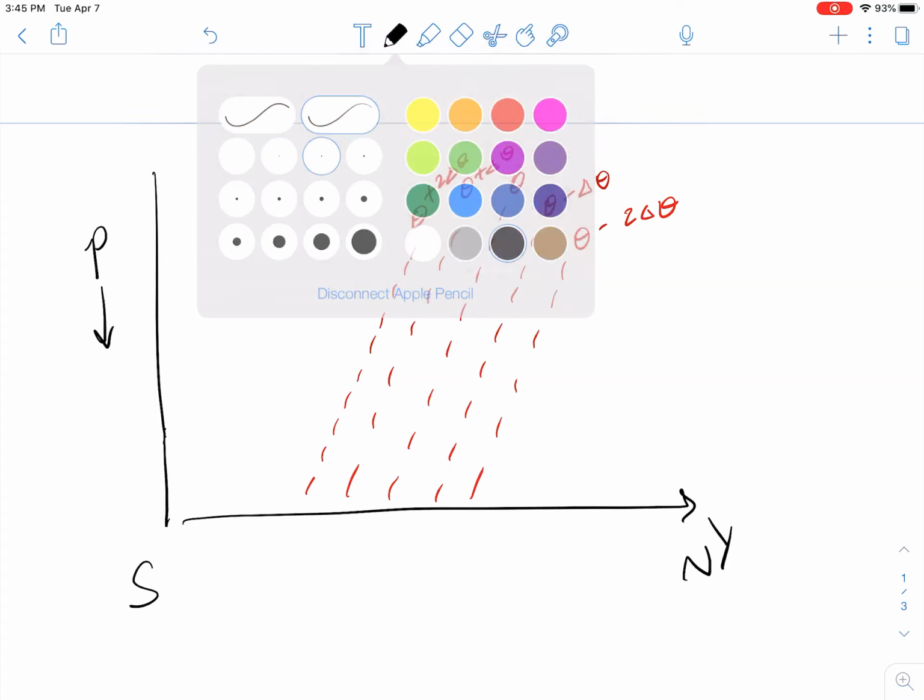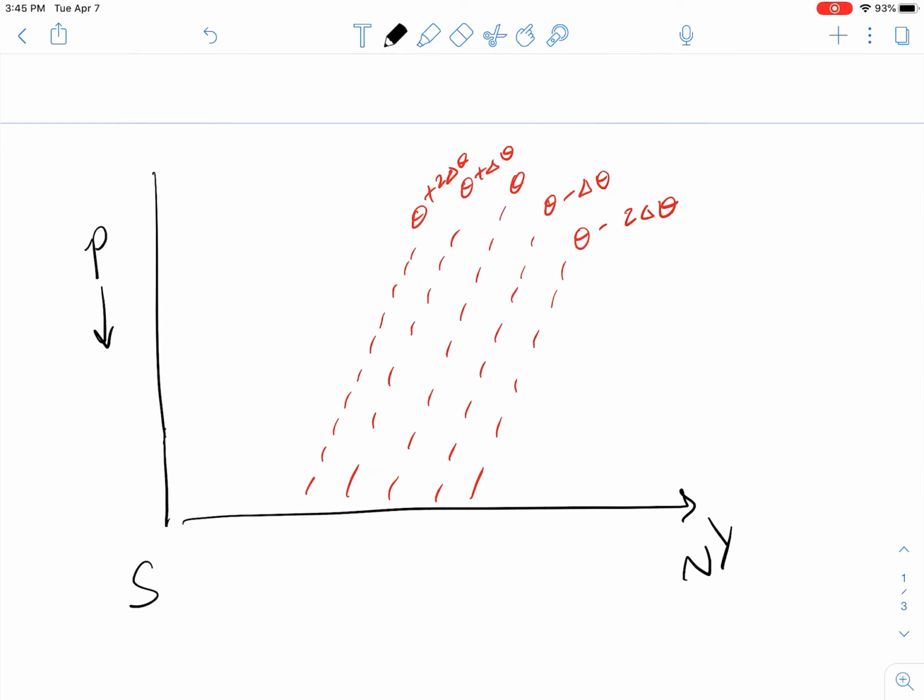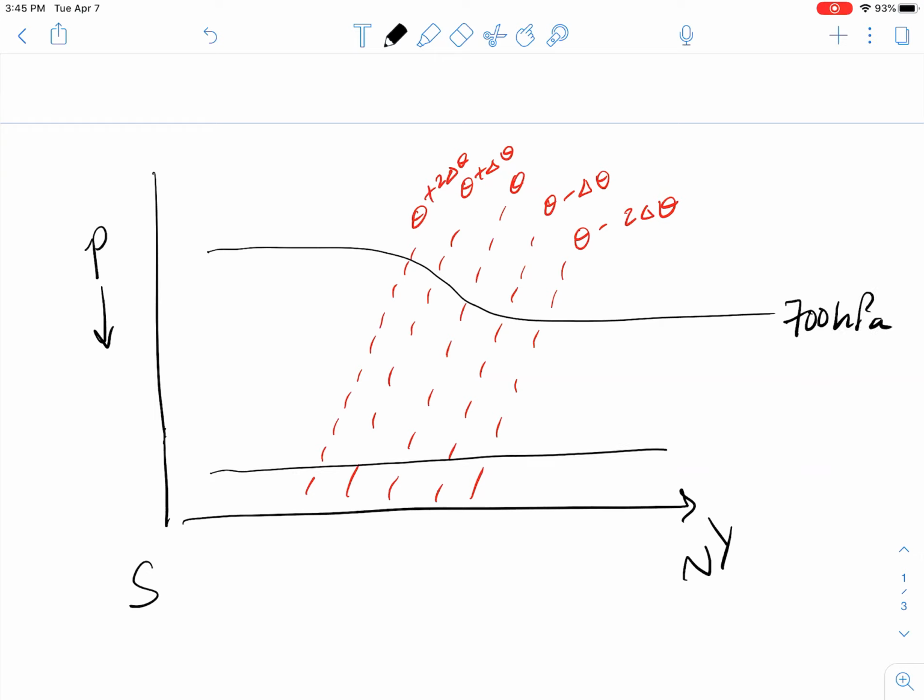And so what we want to draw in now are some responses of our heights due to this increase in the gradient of our temperature, such that primarily it's going to affect our 700 millibar surface, where we should have more slope, and we may not have, again, much slope to our 900 hectopascal surface.